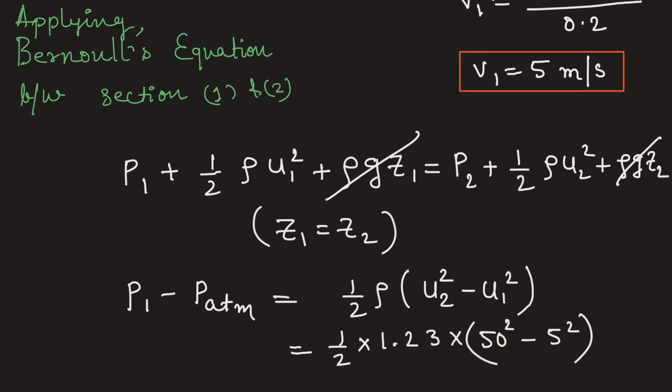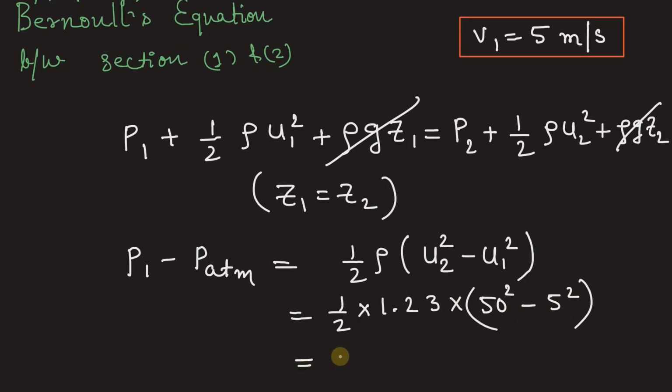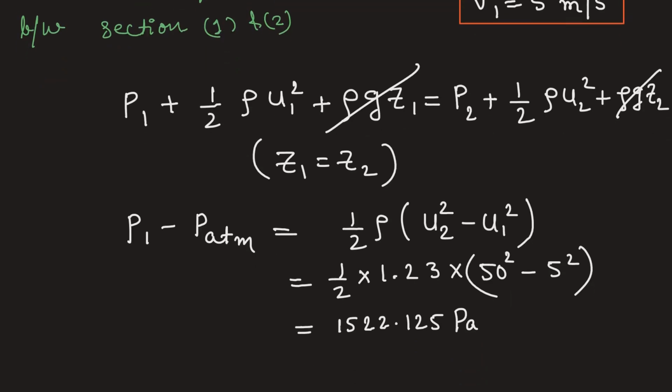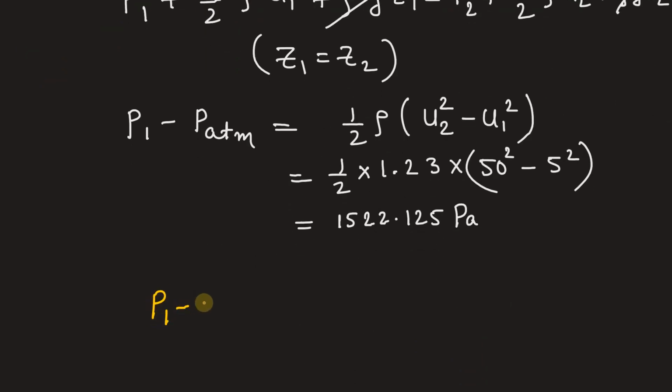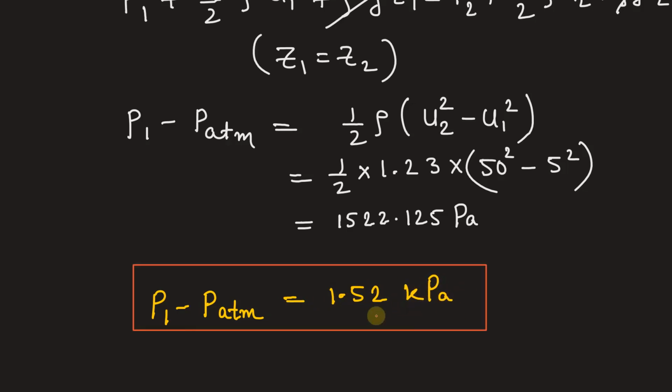So this will give us 1522.125 Pascal. Therefore, P1 minus P atm is equal to 1.52 kilopascal, which is the required answer.